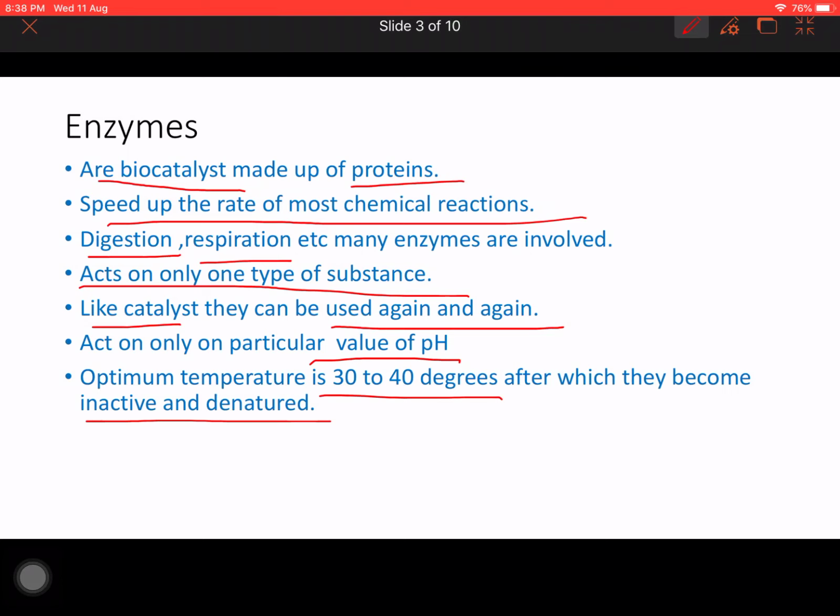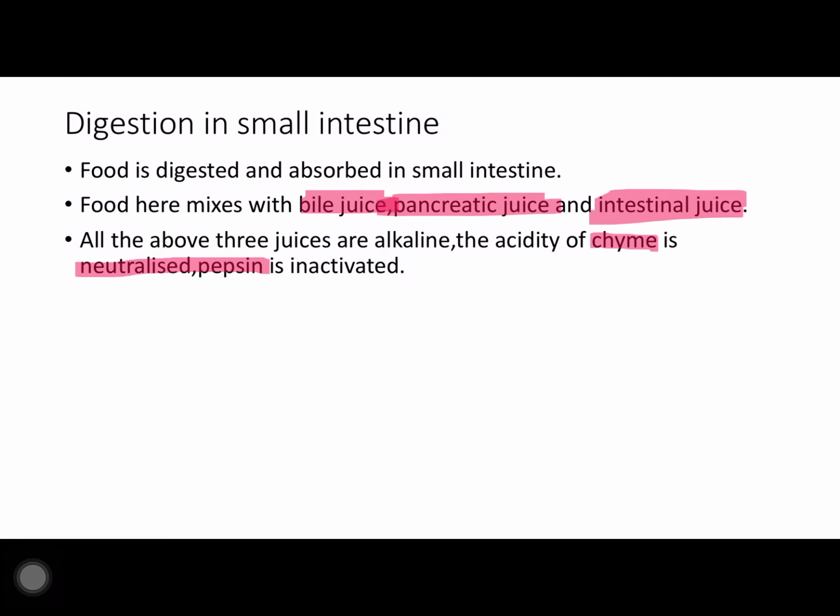We have discussed what enzymes are and how they act on one type of substance at a certain pH, and they are used again and again in certain chemical reactions to speed up the reaction and change its rate. Now let us see how they act in the digestion in the small intestine.